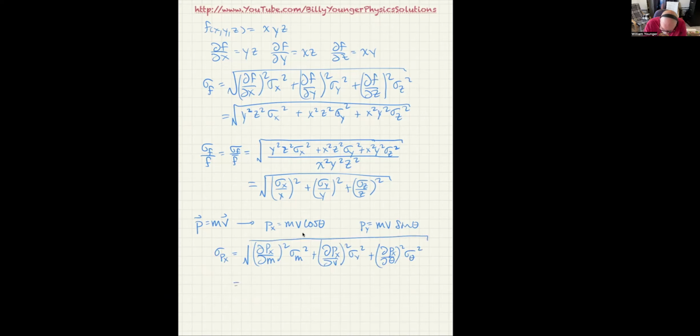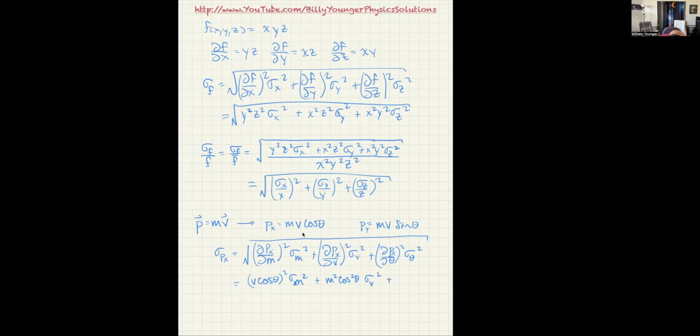So the partial derivative of px with respect to m is just v cosine theta squared times sigma m squared. Partial of px with respect to v is just m squared cosine squared theta times sigma v squared.